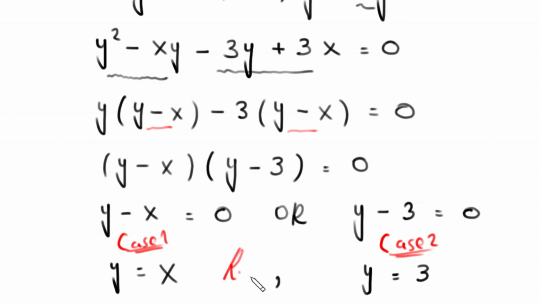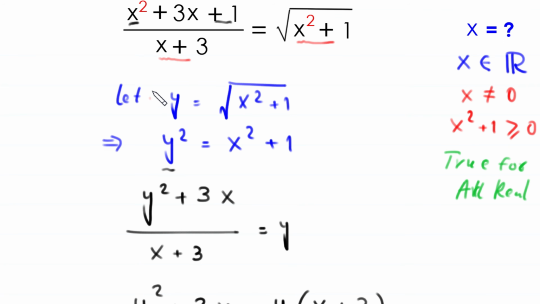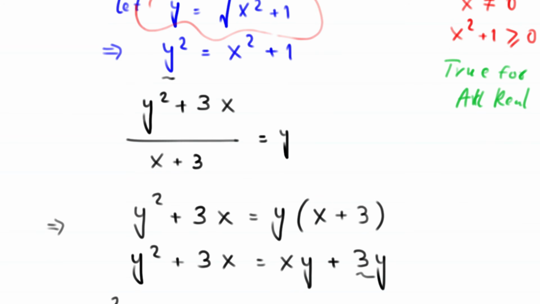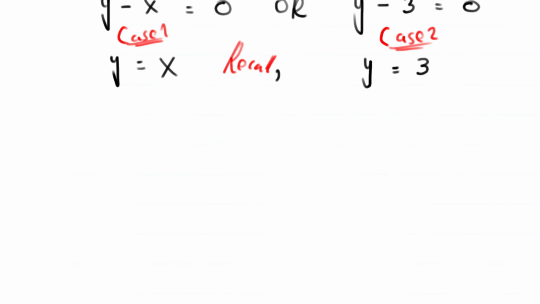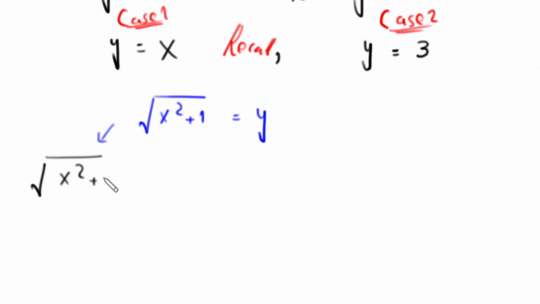Now recall that we have supposed that y is equal to the square root of x squared plus 1. For the first case, when y is equal to x, this becomes the square root of x squared plus 1 equal to x, and we take the square of both sides.